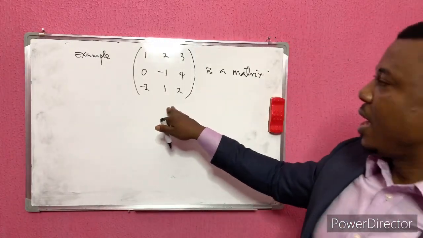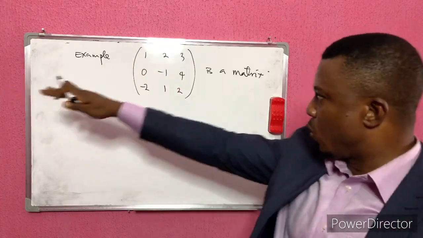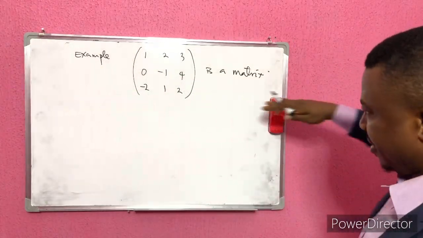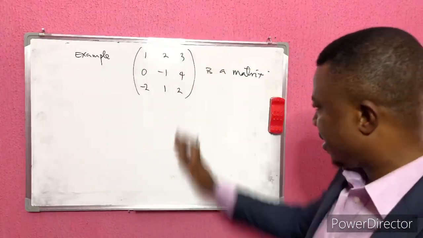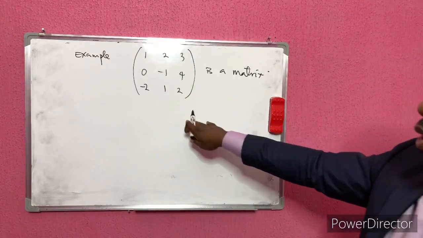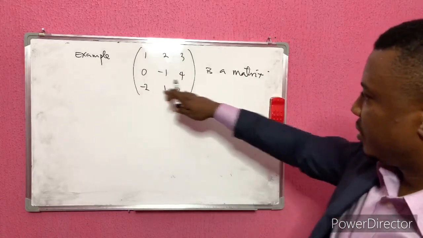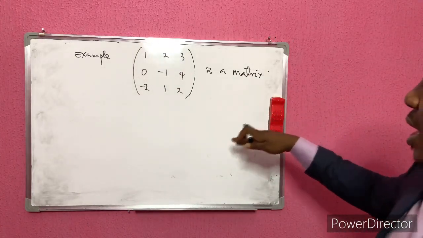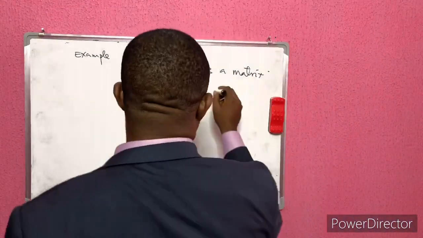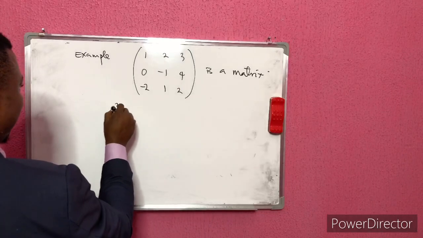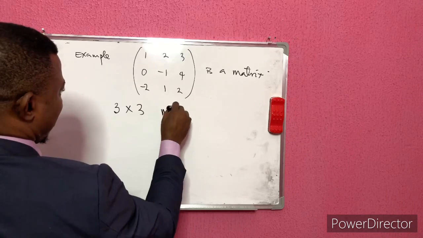As you can see, the rows are the horizontal lines, the columns are the vertical lines. So this matrix on the board has 1, 2, 3 rows and 1, 2, 3 columns. That is to say that this is a 3 by 3 matrix.